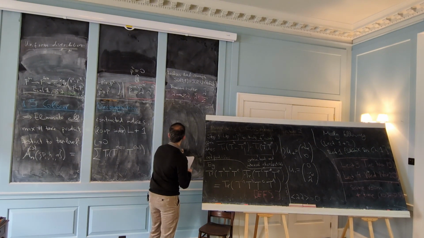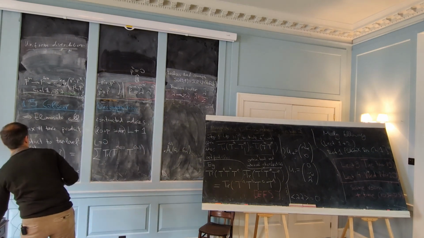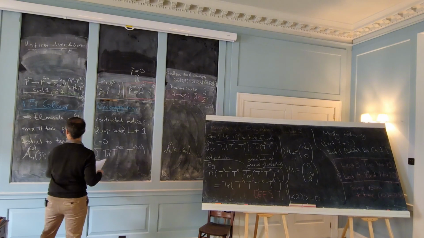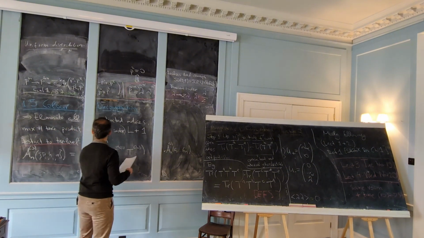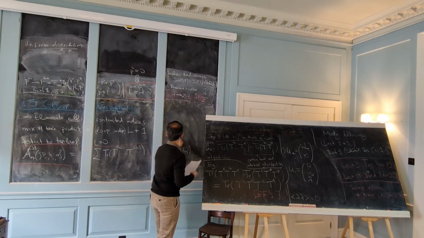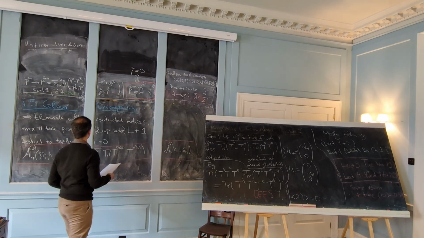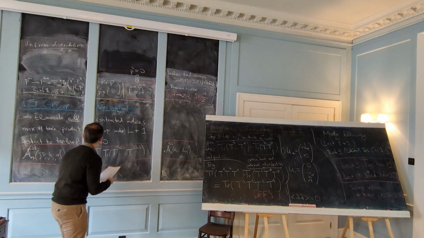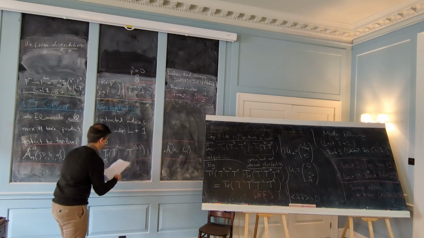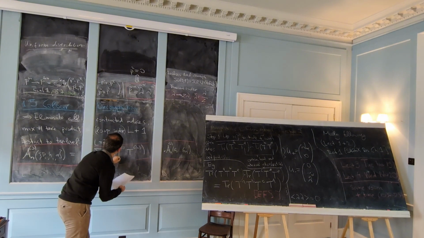Let's call this sigma 1 up to sigma n. Let me put also a box on this equation. And I should also say, okay, what are we summing over? Sigma belongs to the permutation group of n, modded out by Zn.